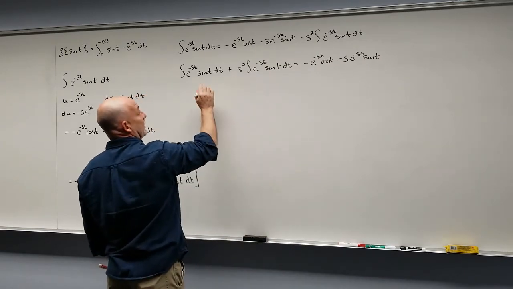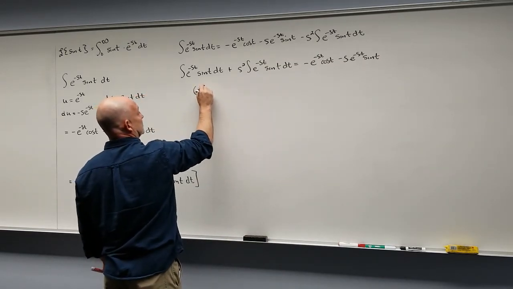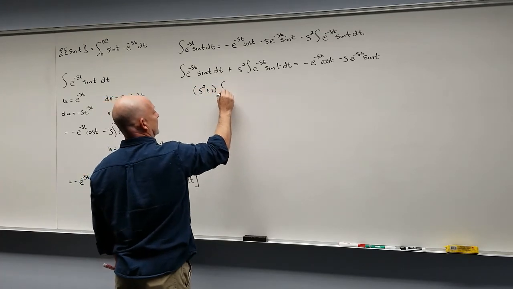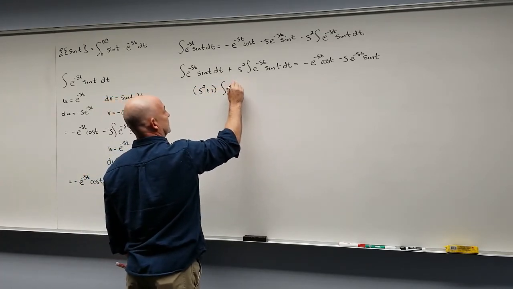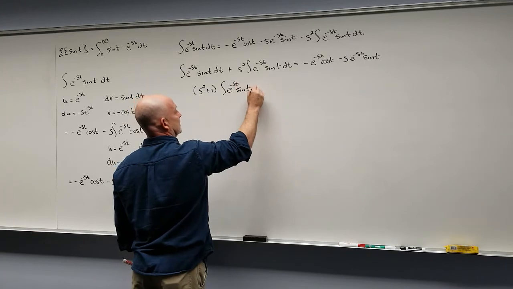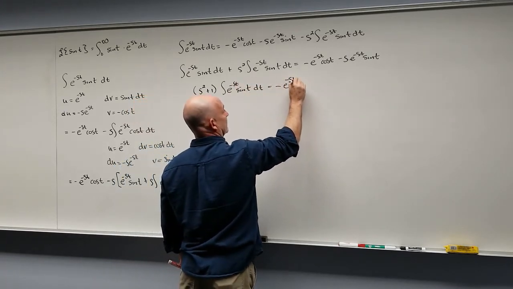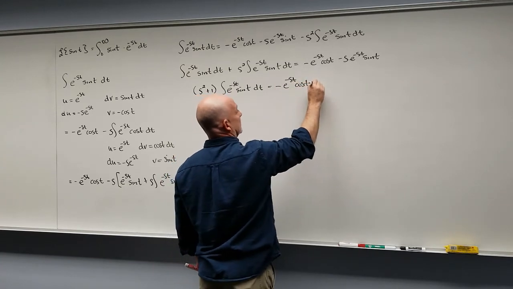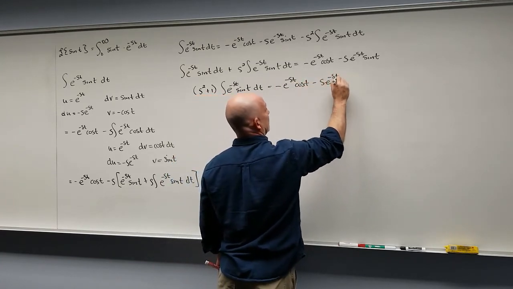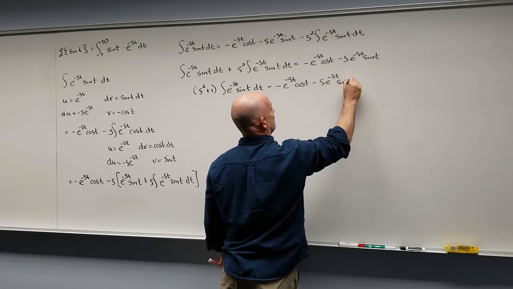Here we can factor out this integral, so I get s squared plus 1 times the integral of e to the negative st sine t dt. And of course the same thing's on the other side. Cosine t minus s e to the negative st sine t.